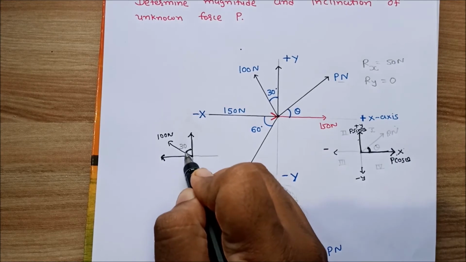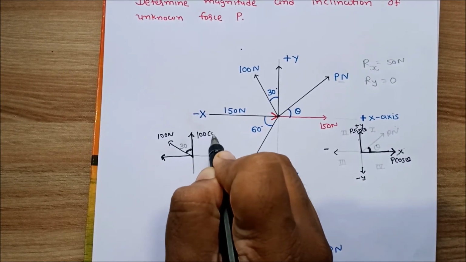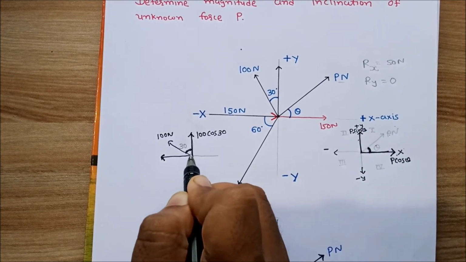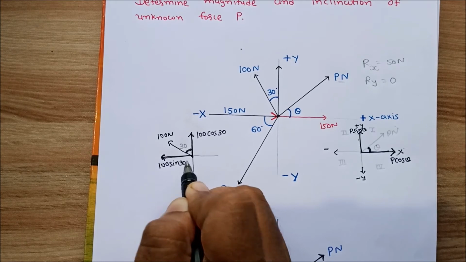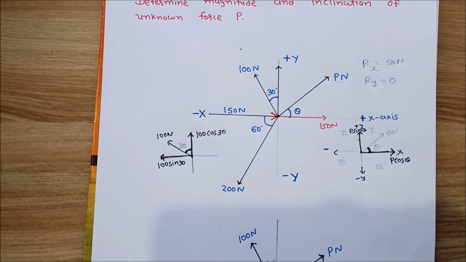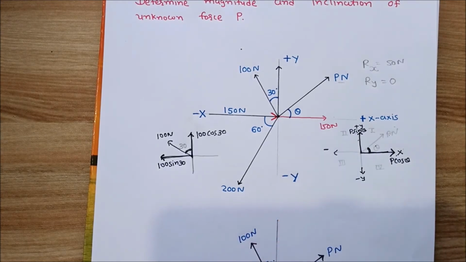The side adjacent to the angle gives 100 cos 30, and the side opposite to the angle gives 100 sin 30. When there is a horizontal or vertical force, it need not be converted into components, because it is only a horizontal component, with no vertical component.